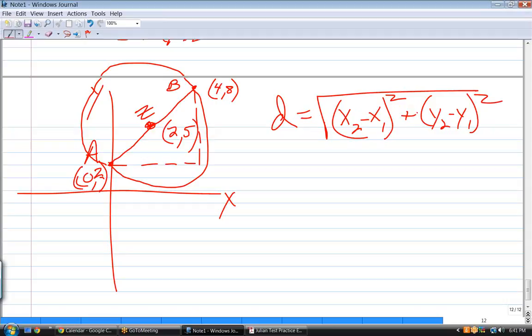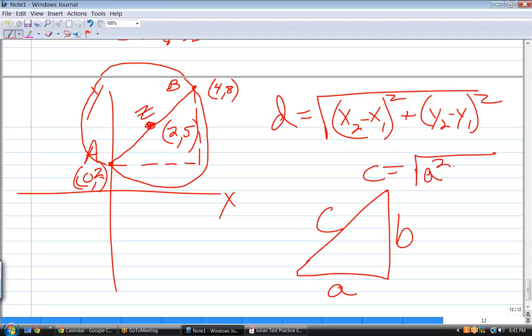But that's pretty complicated looking. A lot of people have trouble memorizing that. But not if you remember that it's the hypotenuse of that right triangle. Remember that when I have a right triangle, if I have A, B, and C, well, C is equal to the square root of A squared plus B squared.